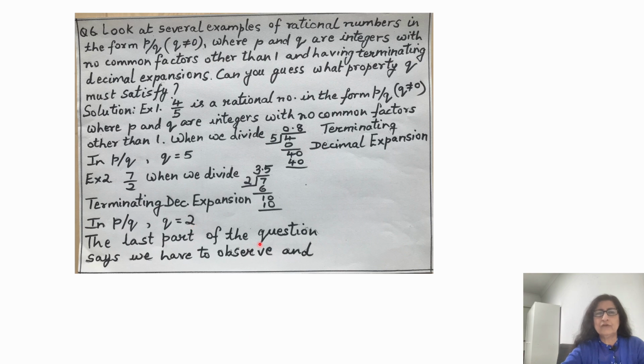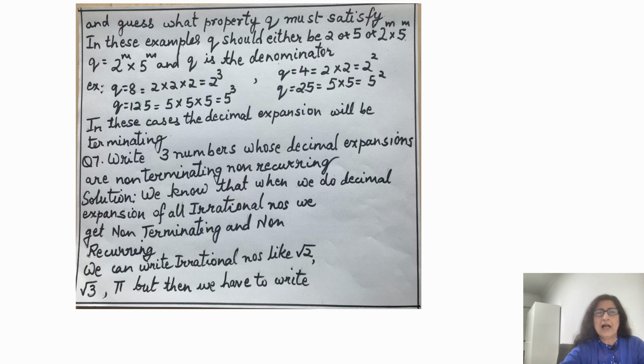The last part of the question says we have to observe and guess what property q must satisfy. So, in these examples, q should either be 2 or 5 or 2 to the power m multiplied by 5 to the power n, and q is the denominator.